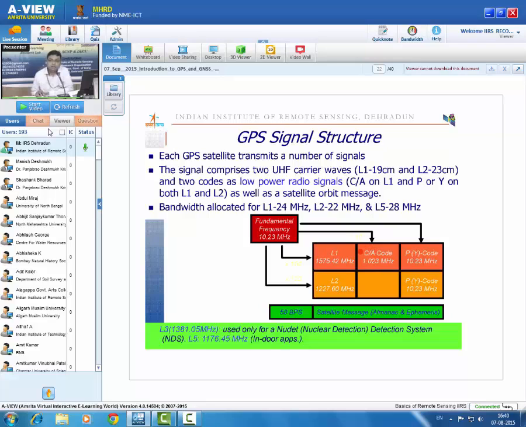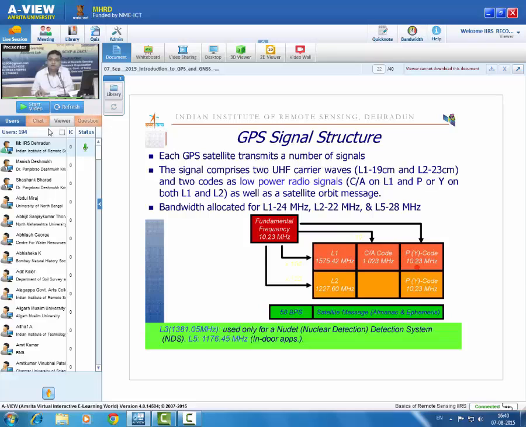So basically the CA code and P code are to be sent from the satellite to the receiver, and they need some carrier to carry them. There are two types of carrier waves: one is the L1 carrier wave, another is the L2 carrier wave. Now we can note here that the coarse acquisition code, of 1.023 megahertz, which has a wavelength of about 29 meters, is modulated only on the L1 signal.